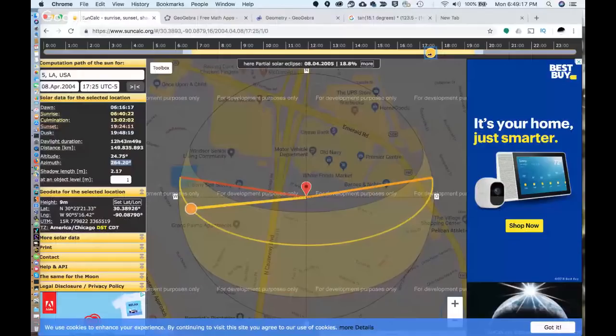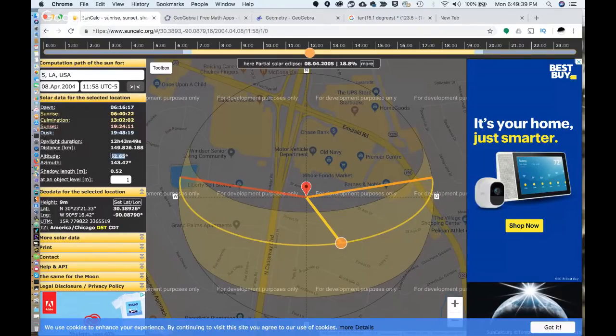So if we do that, 143.46, and there's going to be some measurement error. 143.47 is fine, close enough. And then that will give you the altitude of the sun on that day when this photograph was taken. So now you should have all the information you need.